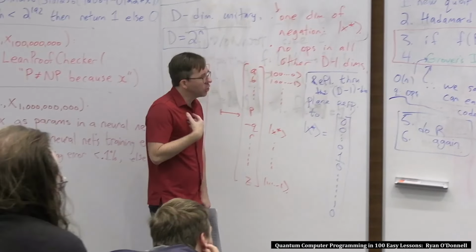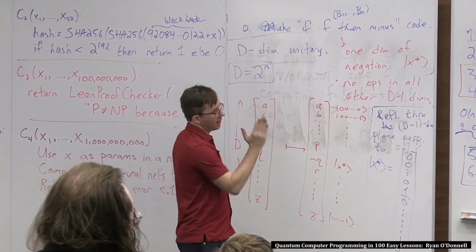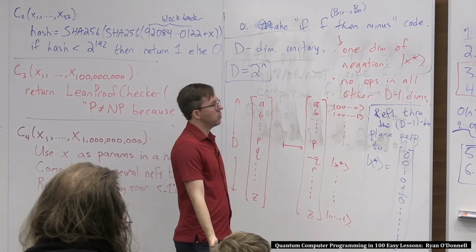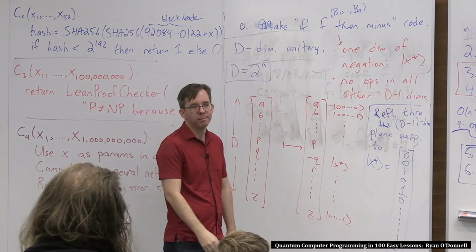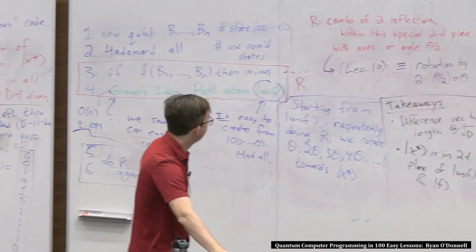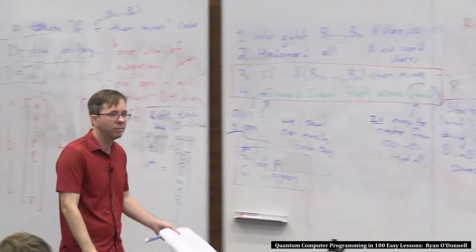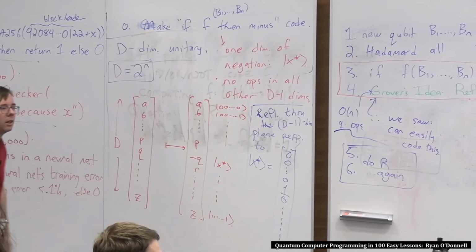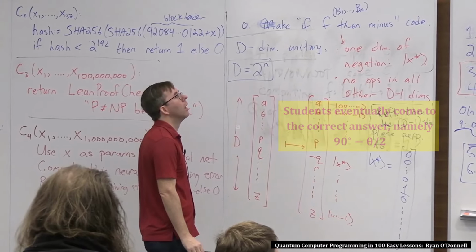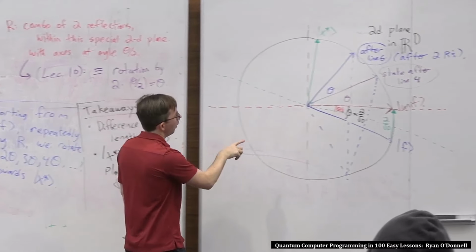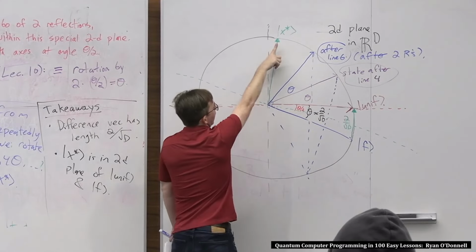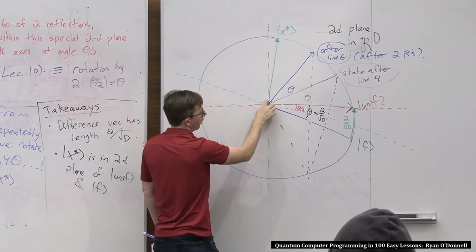So actually, if our true goal is to get to ket x star, what is the exact angle we want to totally rotate by, starting from uniform? Yep. Right, exactly. This green dashed line is exactly orthogonal to x star, so this is a perfect right angle.